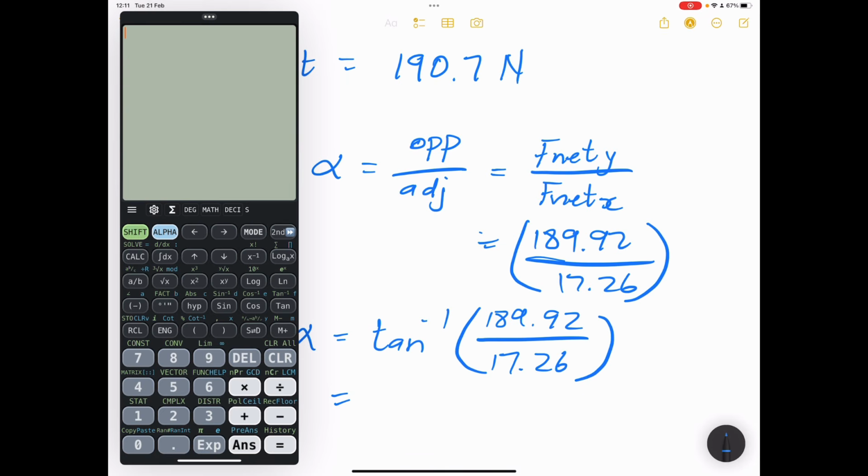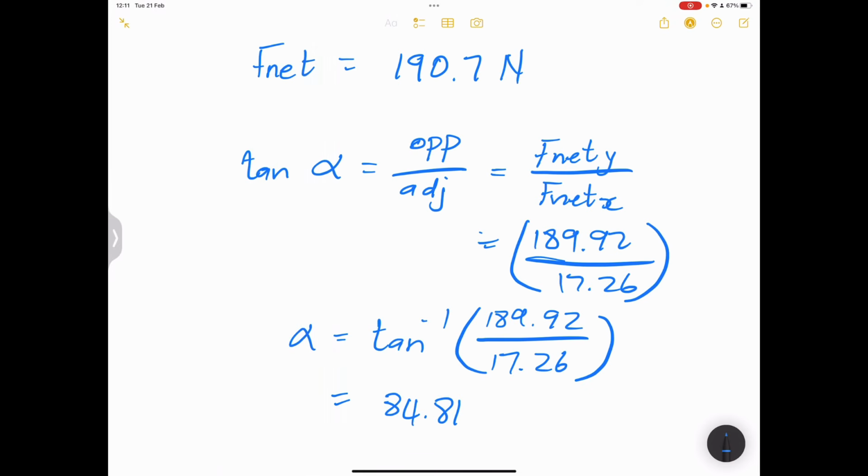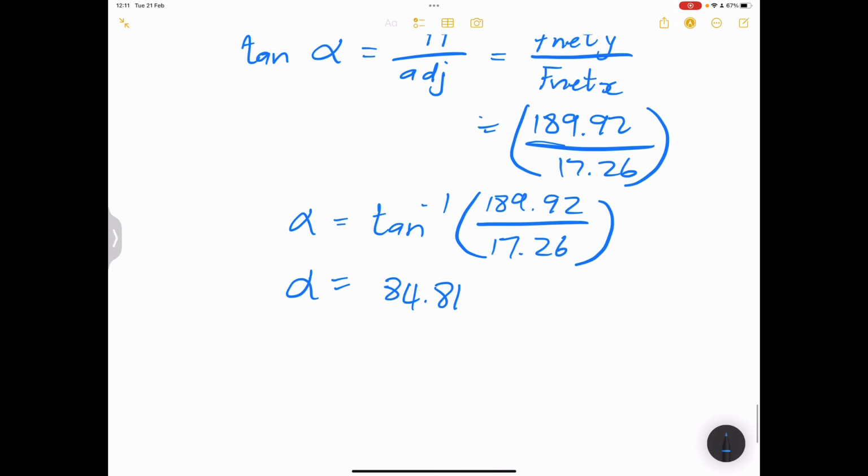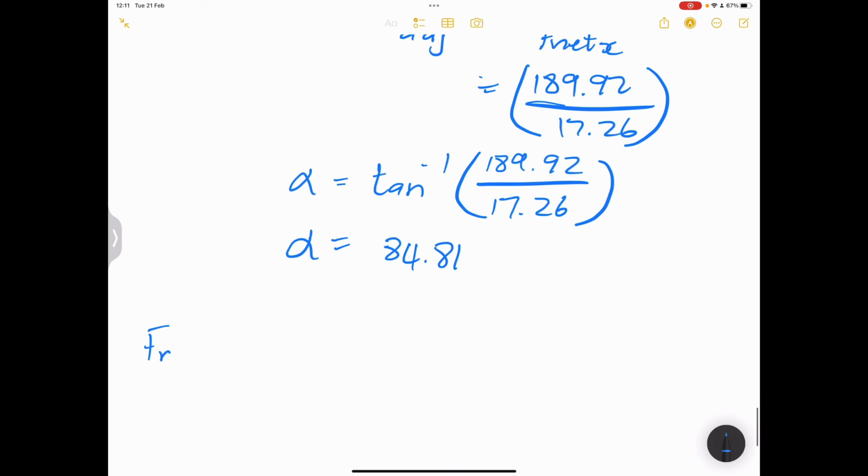So that's the arctan of 189.92 divided by 17.26, and we get an angle of 84.81.